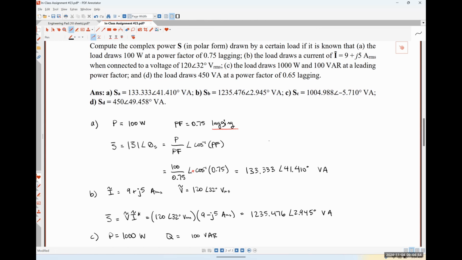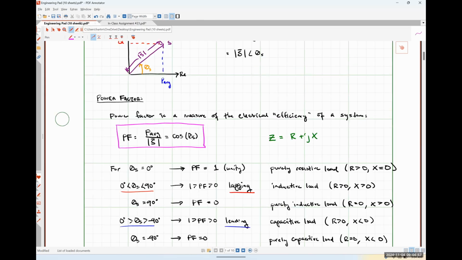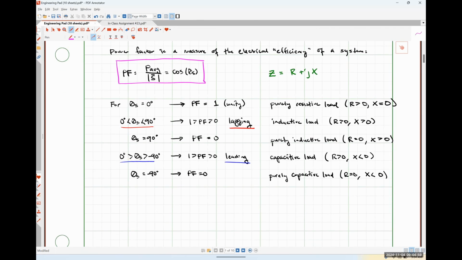Just to go back to talk about where we covered it, leading power factor means theta S is between 0 and negative 90 degrees. So is our reactive power positive or negative? If we want theta S to be a negative angle, it has to be negative. Absolutely right.